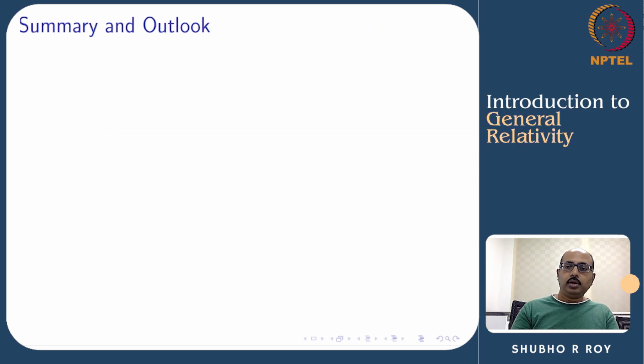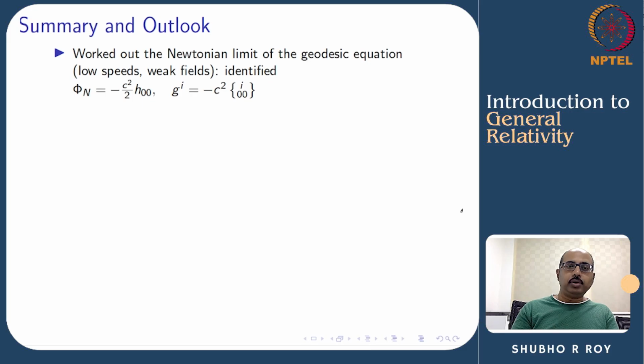All right. So let me give the summary and the outlook. First, we worked out the Newtonian limit of the geodesic equation. Remember, the geodesic equation is the equation of motion of a point particle in curved spacetime, or a Riemannian manifold, which represents spacetime with the gravitational fields turned off. As a result of this Newtonian limit, which is a double limit, slow speeds and weak fields, we could identify the Newtonian scalar potential with this component h00.